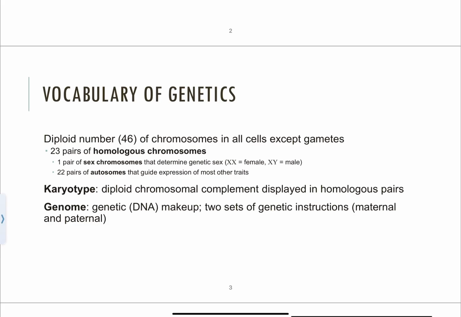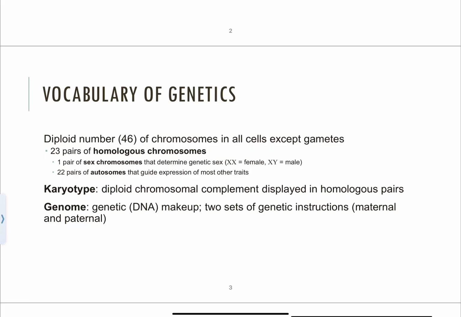And they're homologous chromosomes because they look very similar, and they carry genes for the same traits. But the traits are not equally expressed depending on whether it came from the mother or the father. So of these 23 pairs, one pair, so 2 chromosomes, are sex chromosomes that are going to determine the sex of us.